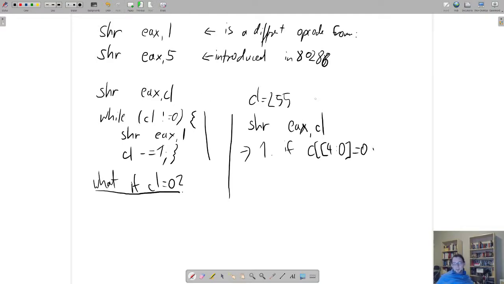Oops, something's funny going on with the mouse cursor here. Keeps disappearing on me. If the last 5 bits of CL are 0, then it does nothing. And literally nothing: it doesn't even set the flags. Flags not changed.